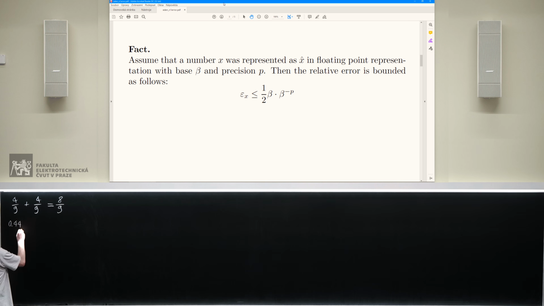And that's it. Now we know that the actual value is 0.444444 and so on. It's a periodic number. But the computer, or calculator, doesn't know it. It's just 0.44. And another 0.44, and when this is added, you will get 0.88.